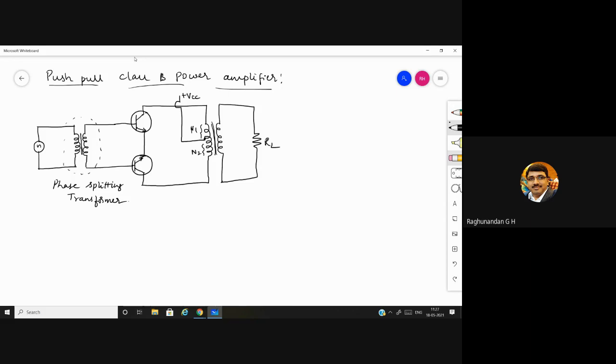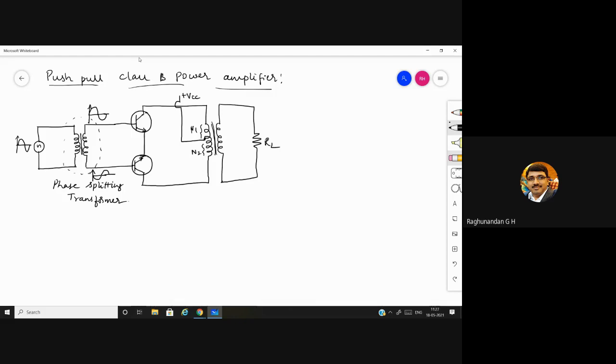So what is this phase splitting transformer? Say the input is a sinusoidal signal, since it is AC. When you give this input signal to the primary, while going to the secondary, it is going to split the phase. Here, if the positive cycle goes here, to this we'll have the negative cycle. If the negative cycle goes here, then here we'll have the positive cycle.